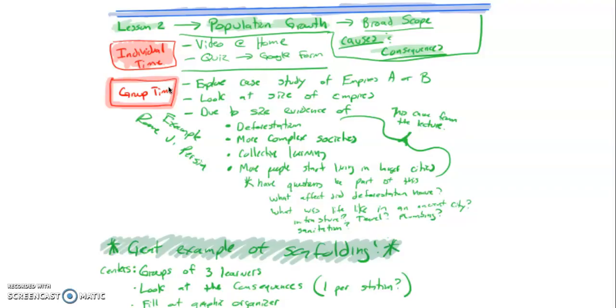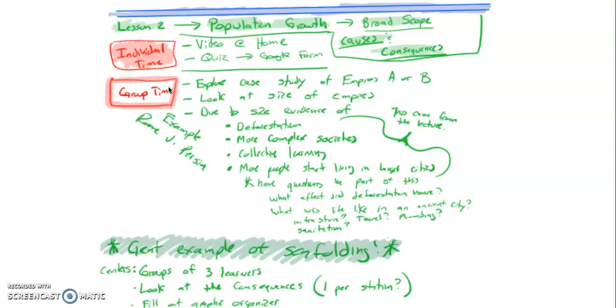Not that more people lived in cities at this time, but that the size of cities is increasing. For example, the city of Rome was in excess of 1 million people, which is pretty big for the ancient world.